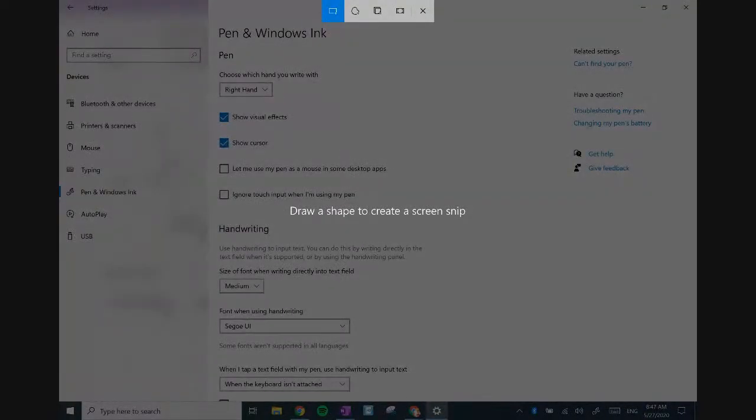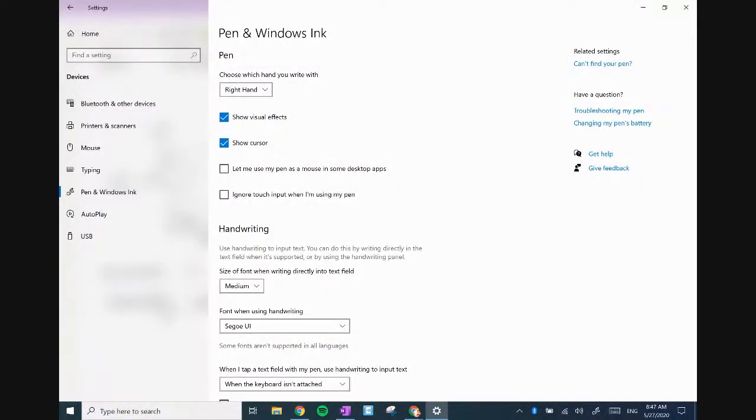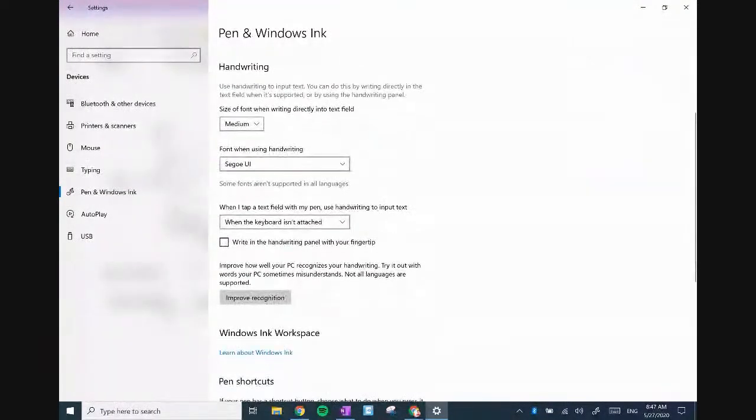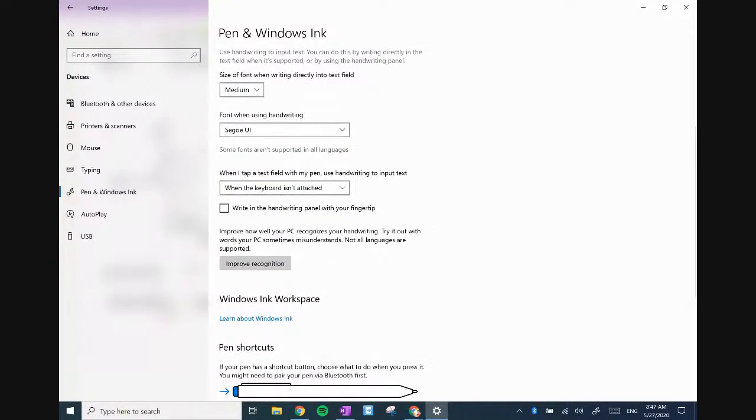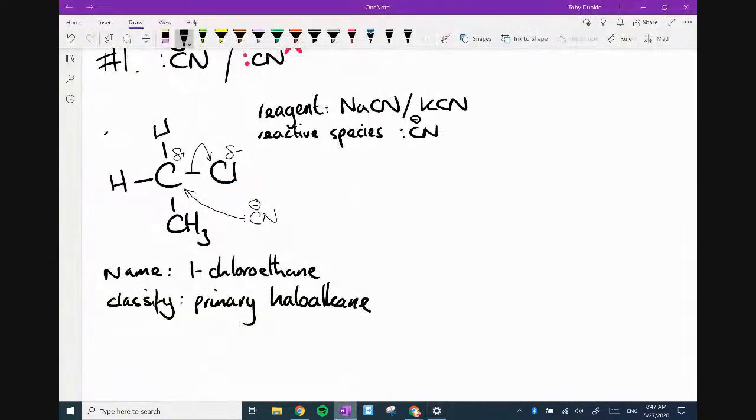I'd love to know whether or not it's the software. Look, it's still doing it. I don't know why either. Maybe I dropped it too much. It's not going to make any difference either. I've got a feeling that I'm not going to be able to get away with this now.